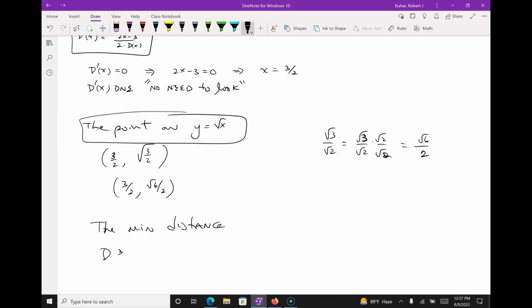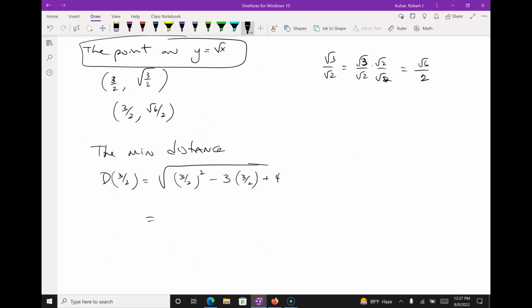is d of 3/2. So that's the square root of 3/2 squared minus 3 times 3/2 plus 4. So I get 9/4 minus 9/2 plus 4, all in the radical. I'm going to get everything over 4.